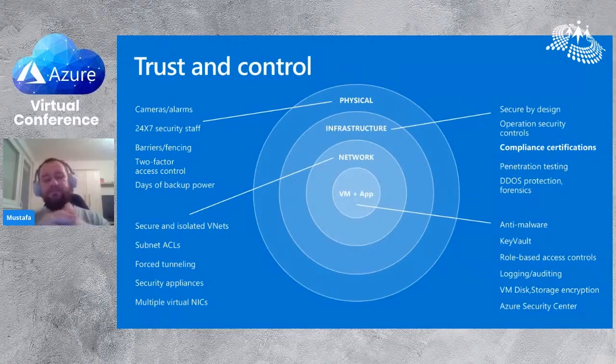Now, network is basically the first step where we as a customer, as an Azure consumer, start taking some of the responsibilities for ourselves. Microsoft is still responsible for the physical network security, but there are some network aspects like endpoints and virtual network security that we actually need to take care of.